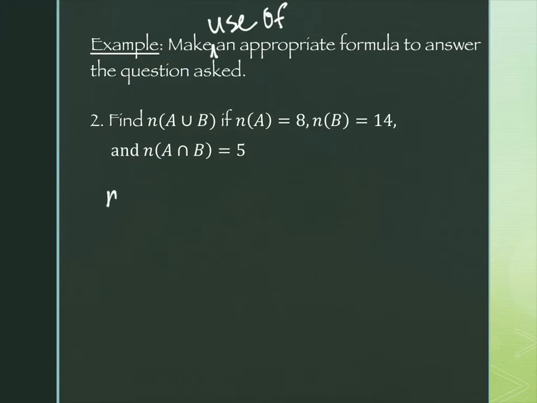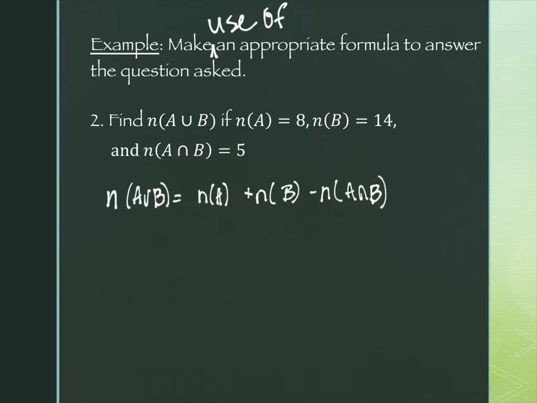So I'm just going to write it down for the moment. A union B equals the number of items in A plus the number of items in B minus the number of items in the intersection. And they give us some items, right? So we're going to fill this in like an algebra equation we would, right?